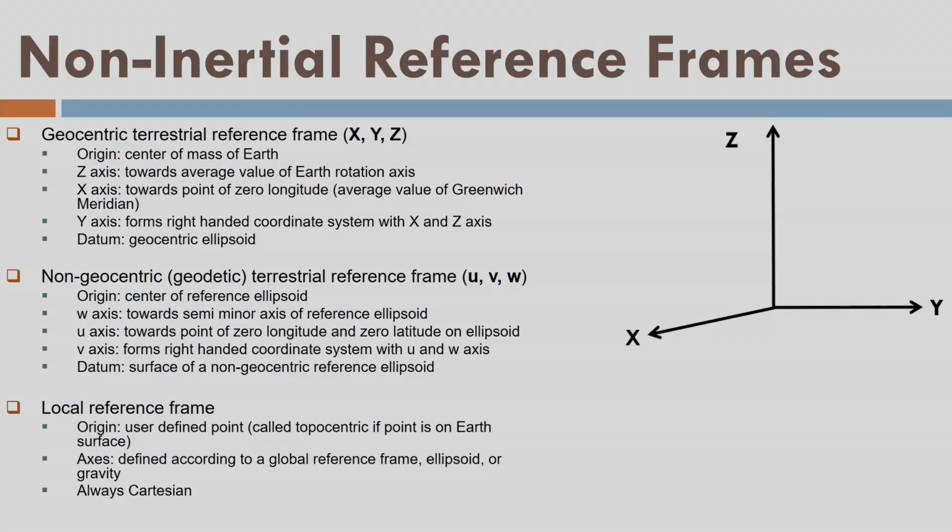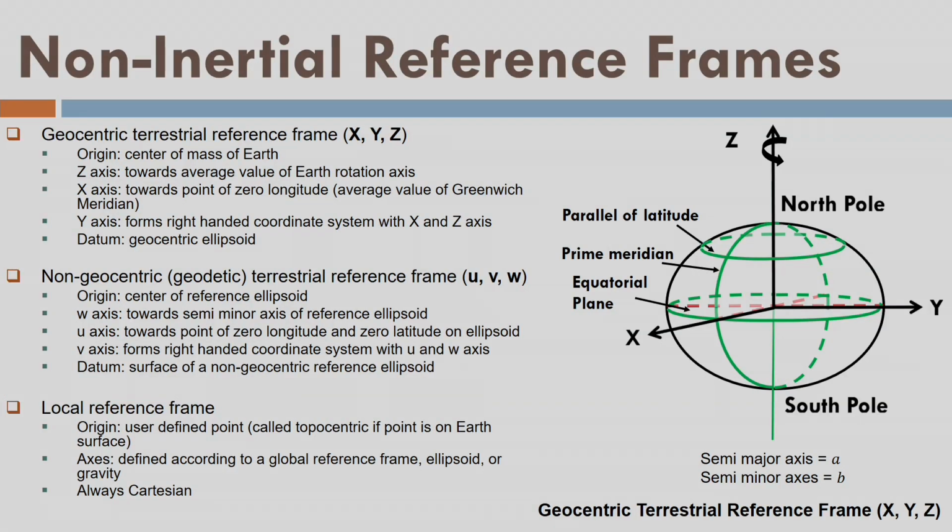Again, let us see what may happen if I have some reference frame on the surface of the earth. I call it the local reference frame, with the origin at a user-defined point on the surface of the earth. Then we have axes which are orthogonally located, and then we have defined a Cartesian system.